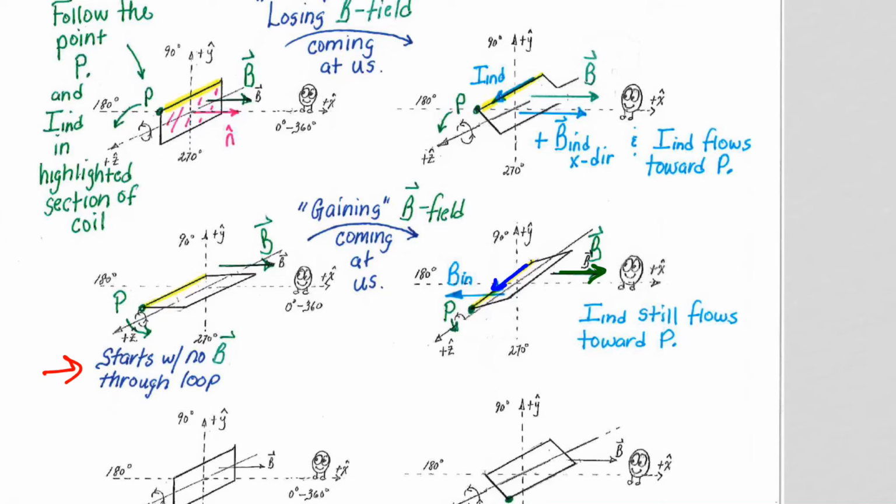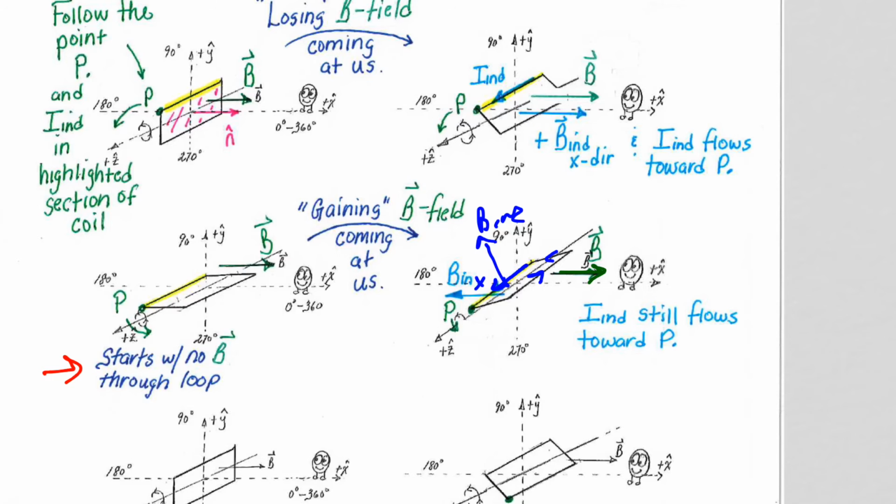So the current is still going to flow in this sense toward P in that highlighted section. Again, technically making B field be induced like this, but we need the B field to be induced in the x direction this way because it's fighting that increase in flux coming at us.